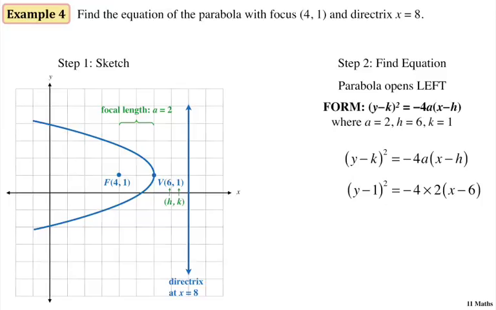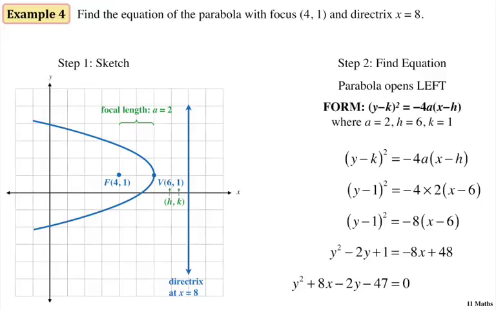We can tidy it up because we know the minus 4 times 2 gives minus 8. Expand our brackets. y squared, times the 2 together and double it gives minus 2y plus 1. Expand our bracket out, minus 8x plus 48. Let's now plus 8x to both sides and minus 48. 1 take 48 gives minus 47, and there is our answer.